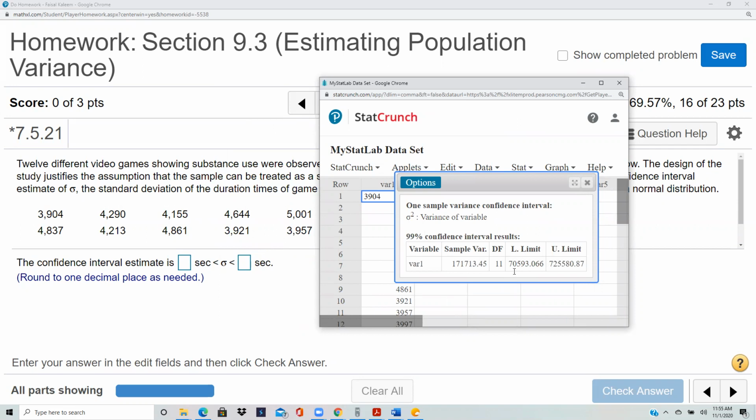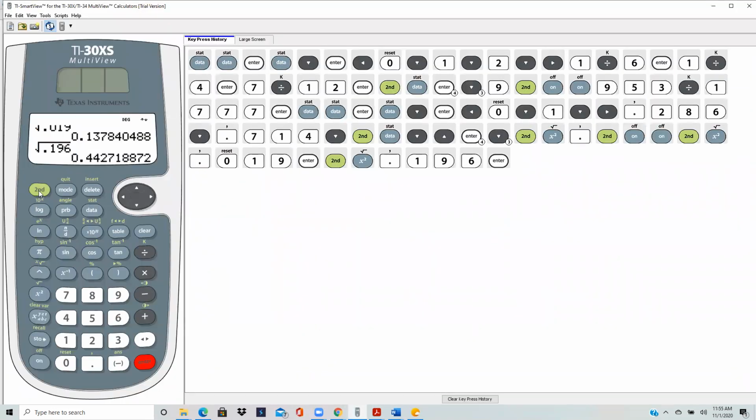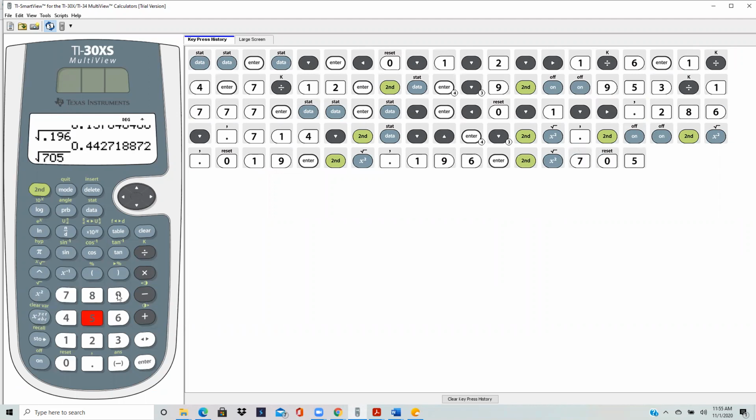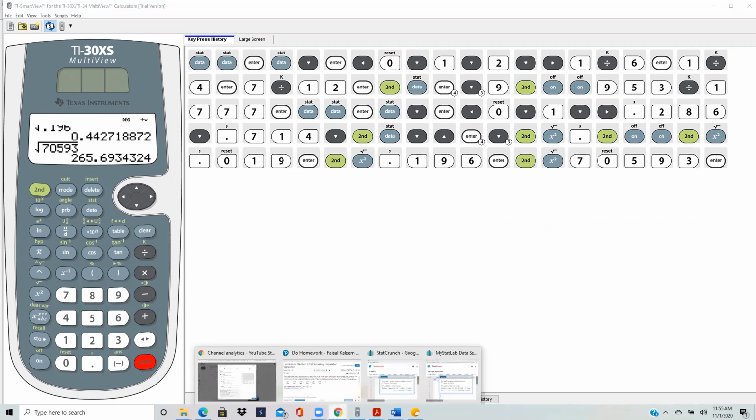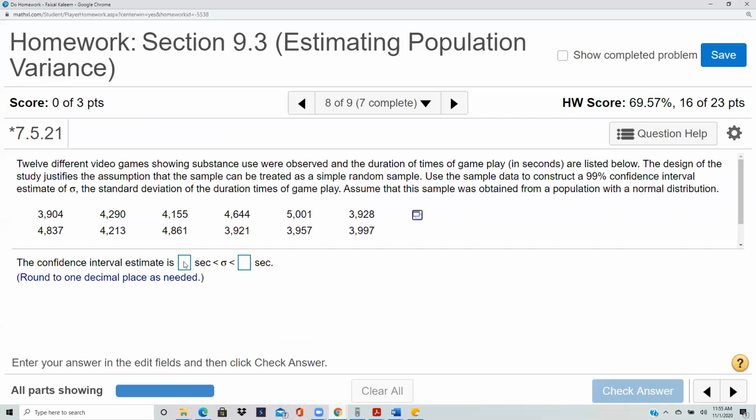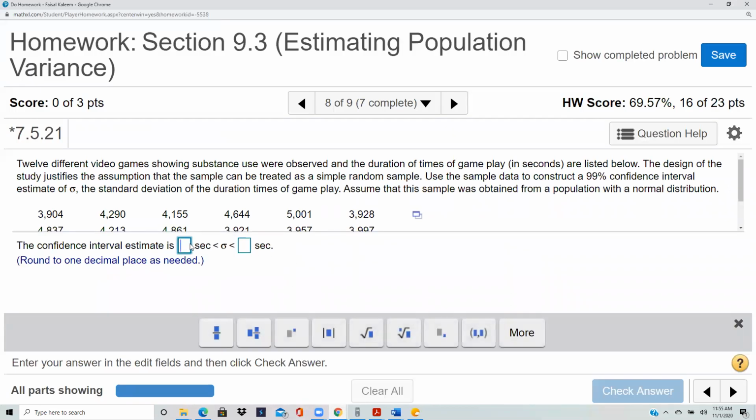So the square root of 70593 is 265.693, so 265.7.